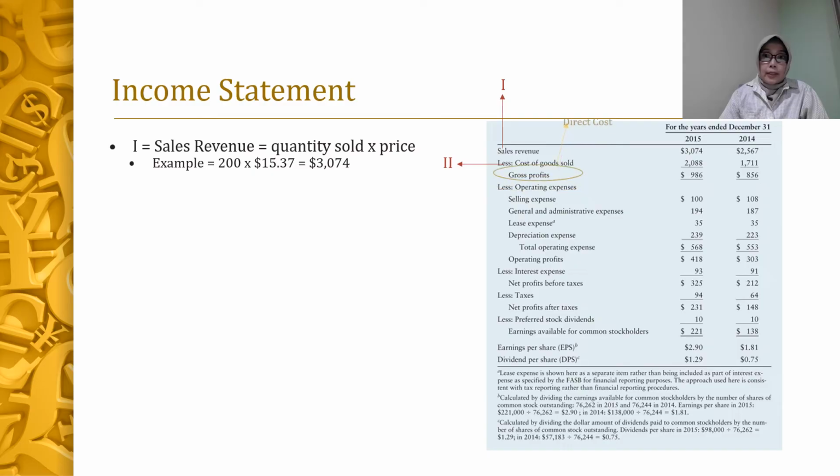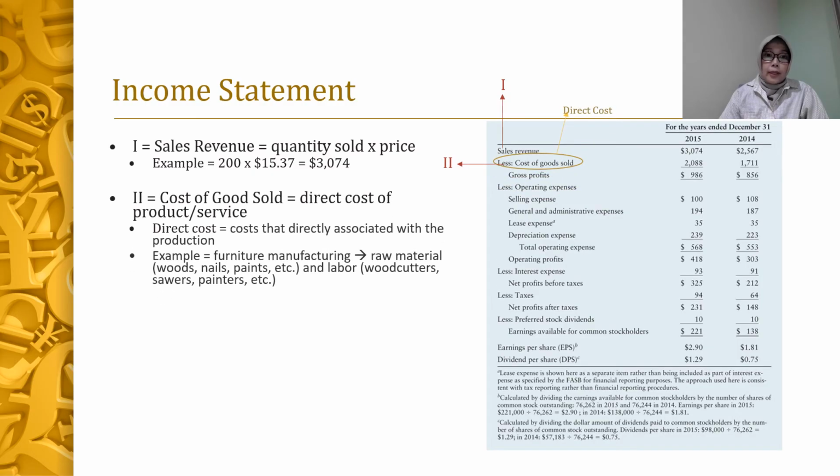The second one is the cost of goods sold. The cost of goods sold is the direct cost of product or service. Direct cost itself is the cost that is directly associated with the production. For example, for furniture manufacturing, you can name the direct material or labor associated with the furniture manufacturing.